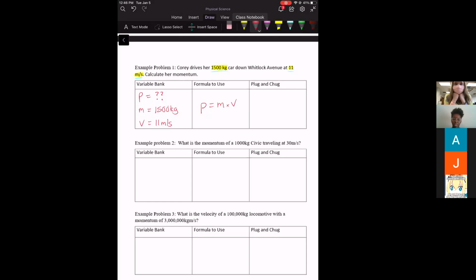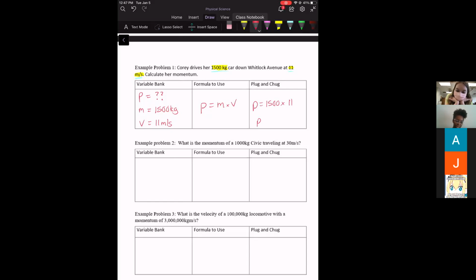So when we say plug and chug, it just means plug in the numbers where you have letters. So I don't have a P, so I'm going to write P still. I do have an M, that's 1,500. And I do have a V, which is 11. So if I put that in my calculator, 1,500 times 11, oh, thank you, Adela.